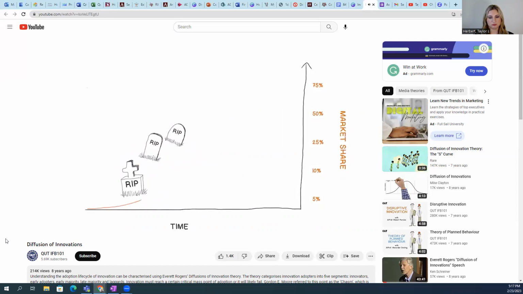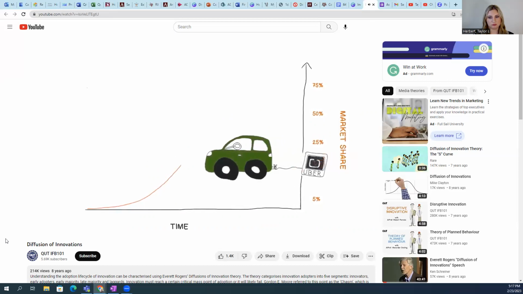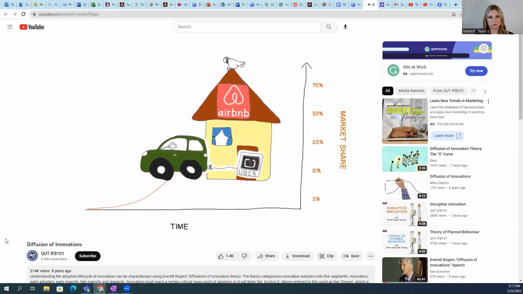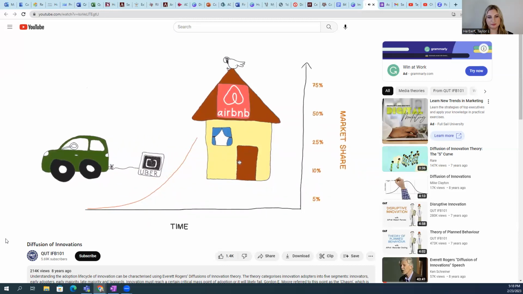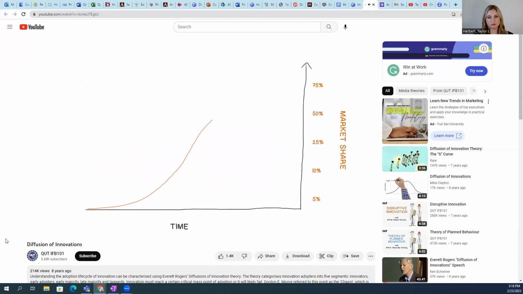If an innovation takes off, it ideally takes off in an exponential fashion. Exponential growth is what we see right now in many solutions, for example, Uber and Airbnb. Rapid growth rates, and typically then we call them disruptive innovations. Once exponential growth is over, we enter the stage of slowing growth.